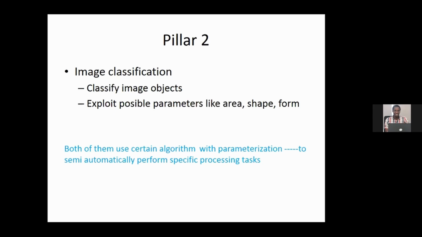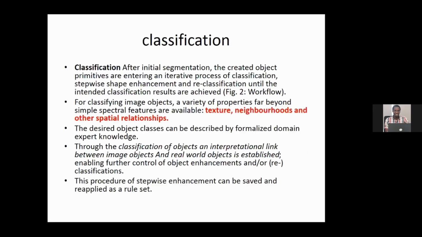Of course, in this case, we also use an algorithm to do the sample-based classification. So we have two kinds of classification: the sample-based and the rule-based. We first do the sample-based, and then we progress to the rule-based. With the sample-based, we use similar algorithms to those we use in pixel classification.